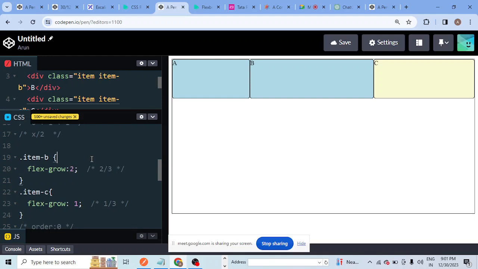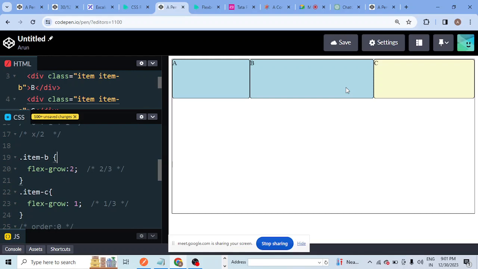Yesterday we learned properties which distribute the available space as it is. But here we are seeing that the item width itself is increasing. Yesterday the elements' width was not increasing. You saw that it was getting distributed: space around, space evenly, space between. Space was left as space.